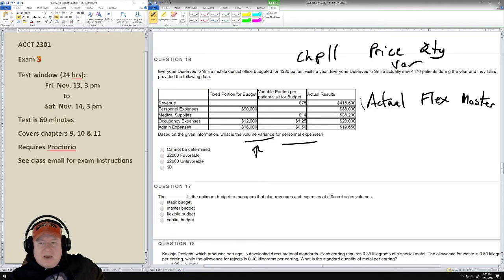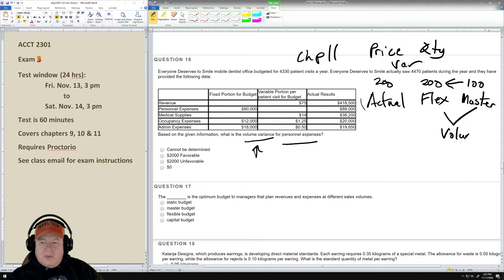Because remember I said if you made the master budget at 100 dollars or items or whatever, and actual is at 200, well, you can't compare the costs of the master budget to the actual cost because it's comparing apples and oranges. So what you want to do is shift up the volume of the master budget to 200. So you recreate the budget at 200 and then you compare it to the actual results. So this flexible budget, the difference between these two is called the volume variance.